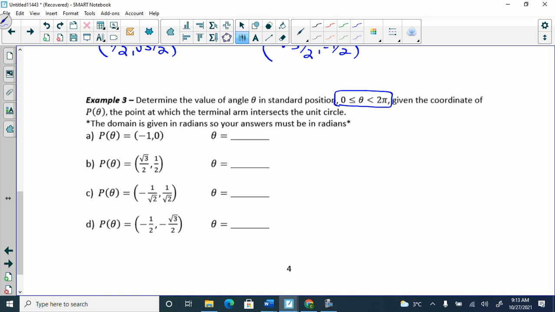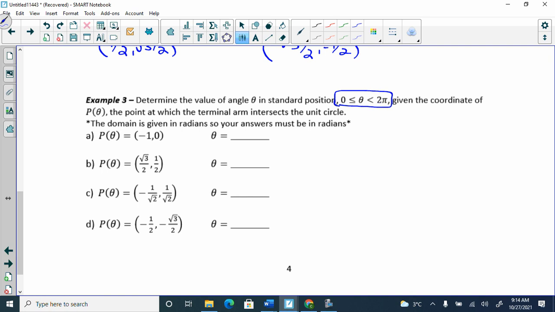And you can't give an answer in degrees if your restricted domain is in radians. So this restricted domain is between 0, equal to 0, and 2 pi, not equal to 2 pi. So if the answer was on the 2 pi arm, you can't give that answer. Okay? So this is literally just asking for the radian measure on the unit circle.